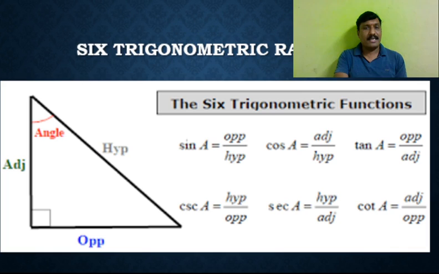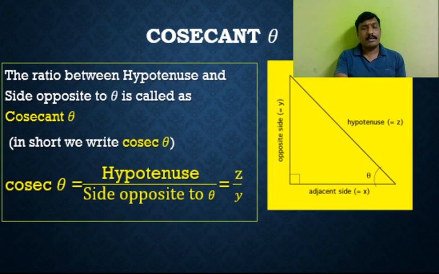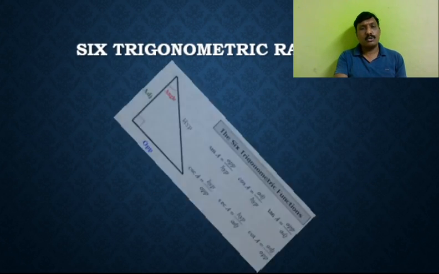Here cosec A. Already I told you cosec is the reciprocal of sine, that is hypotenuse by opposite is cosec A. The shortcut is CSC, but we are writing it as COSEC.